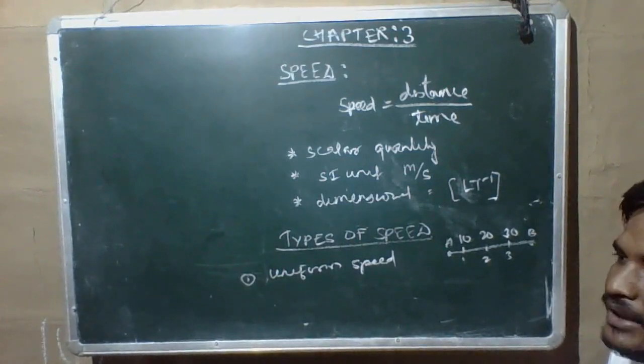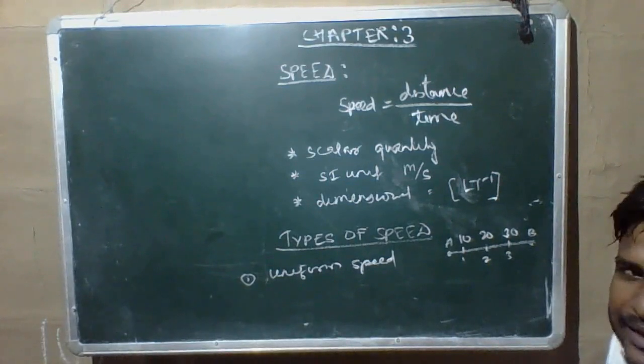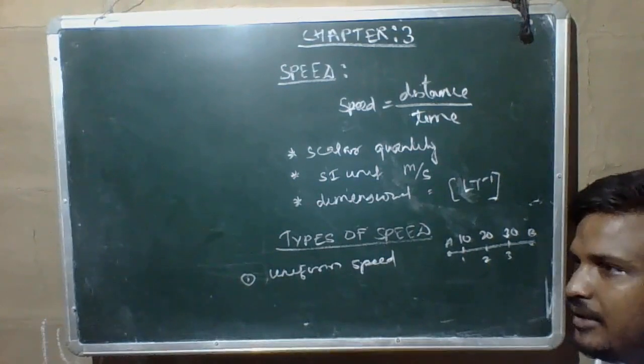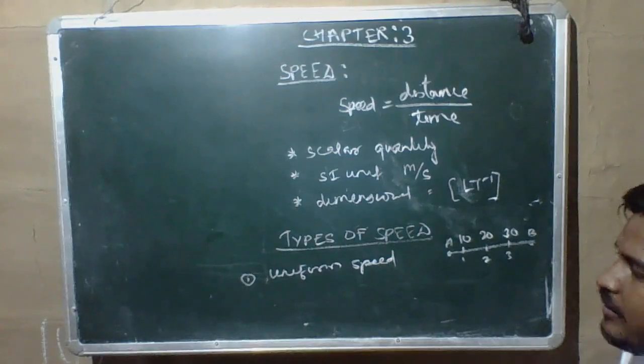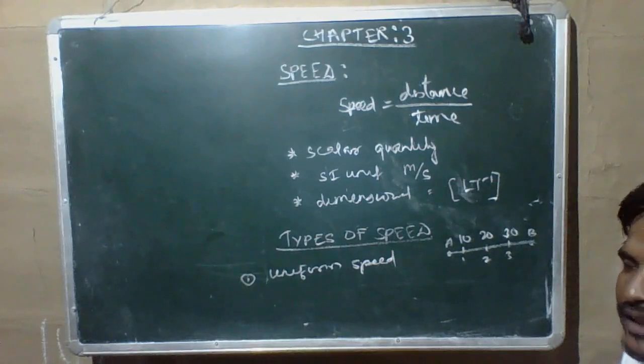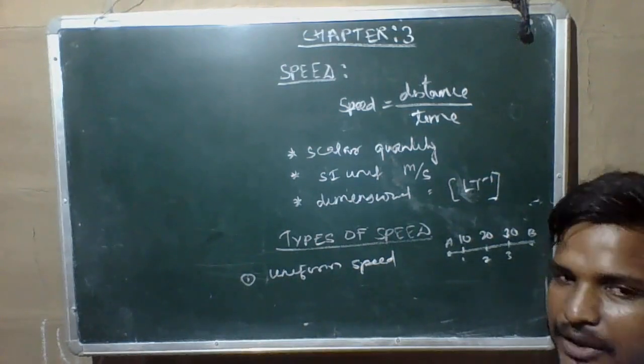So the speed here is nothing but uniform. It means the distance is not increasing irregularly after certain intervals of time. After every second the distance traveled by the body remains constant. That is why this kind of speed is called uniform speed. So how will you define uniform speed?